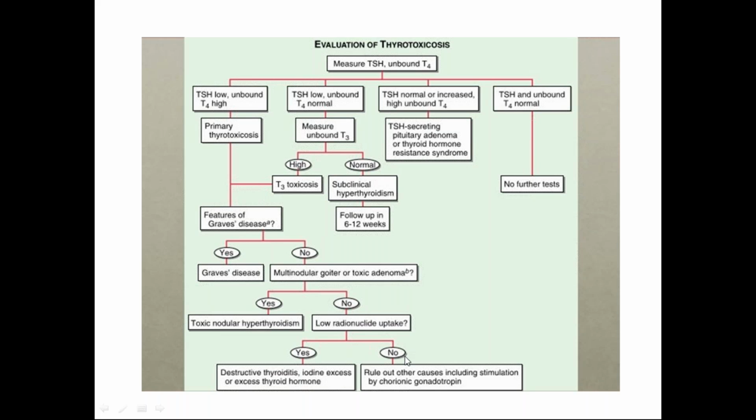But if there is a high uptake, or if the thyroid gland is uptaking the radionuclide, we should rule out other causes including stimulation by chorionic gonadotropin, which is caused by choriocarcinoma.